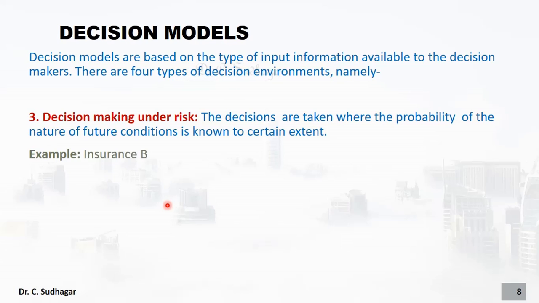For example, the insurance business: you know how many claims will come, how many accidents will happen in a particular area based on past data. And real estate markets, or if you are launching a new product which is not at all available in the market, we don't know who the customers will be that come to buy the product. So these types of business come under decision making under risk.